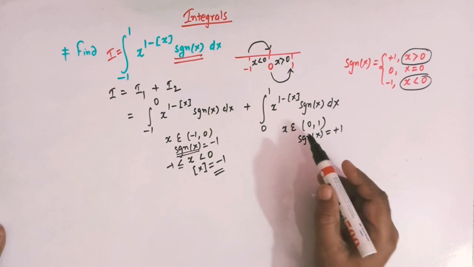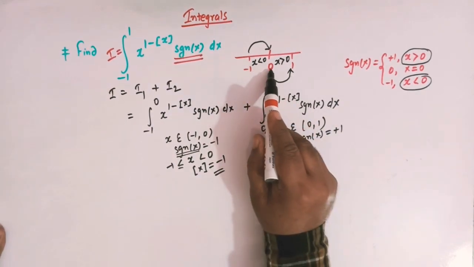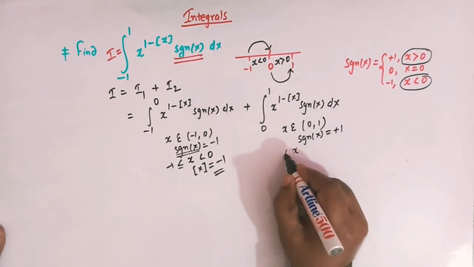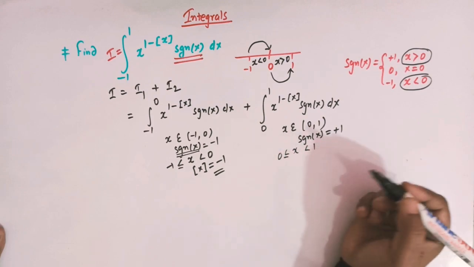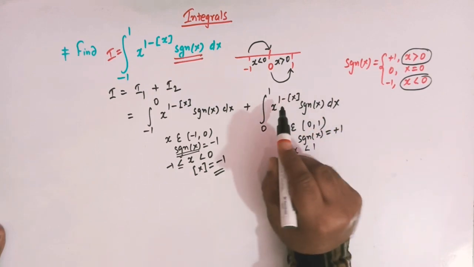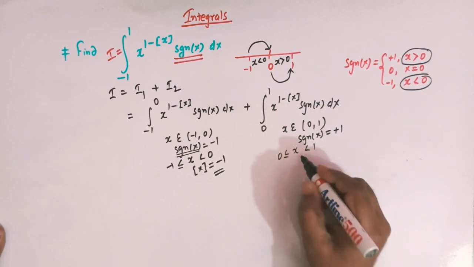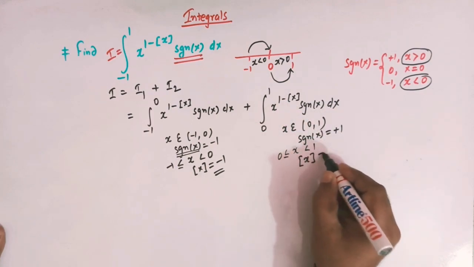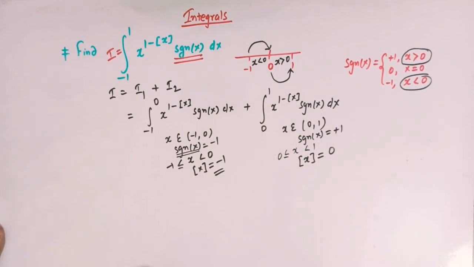Moreover, when x lies between 0 and 1, the value of greatest integer of x would be 0.